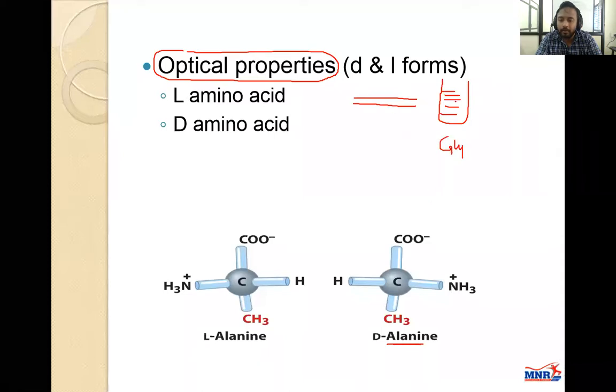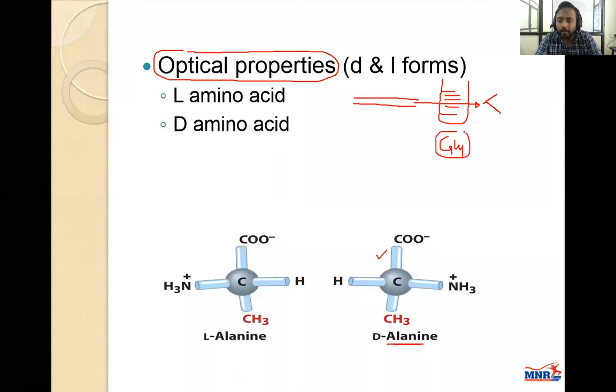So whether this molecule or the amino acid is capable enough to divert the polarized light into any direction, it can be to the right or to the left. Means, does it have any interaction with the light? Optical property. Okay, either they can divert the light to left or to the right.